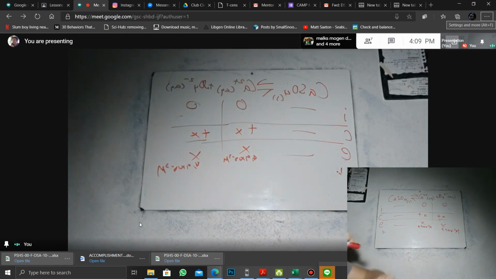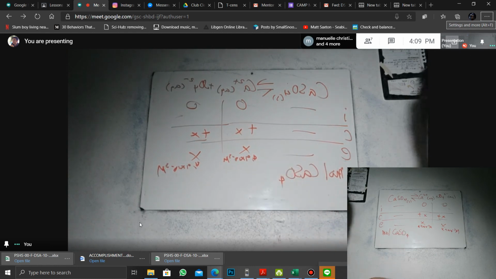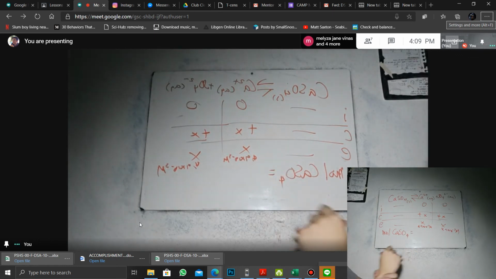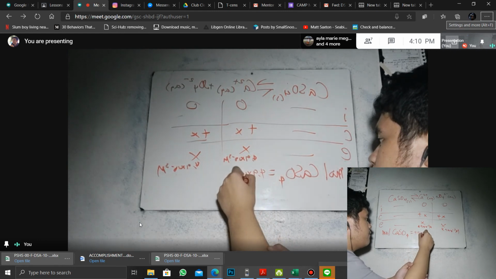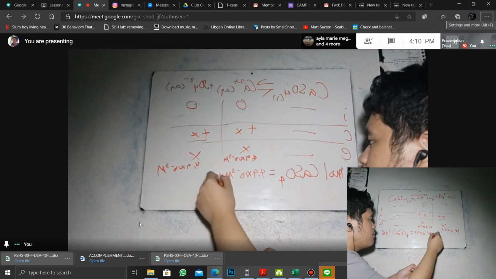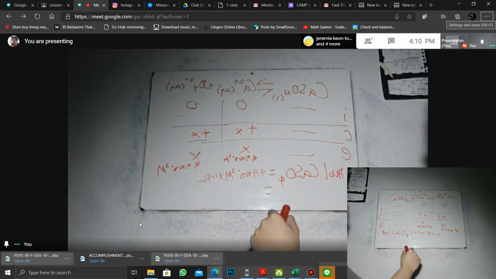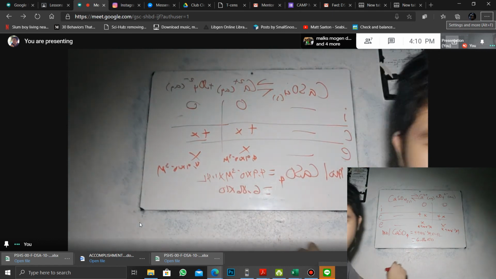Moles CaSO4, di ba? Meron tayong molarity. Mas meron pang volume, di ba? So, 4.9 times 10 to the negative 3 times 1.4 liters equals to 6.86 times 10 to the negative 3 moles.